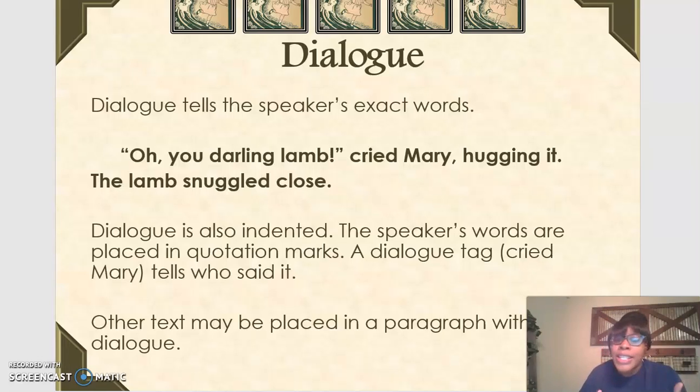So, other text may be placed in a paragraph with dialogue, as you did yesterday with your narratives. So when you think about your prose or your literary text, you have dialogue, you have sentences, you have paragraphs.